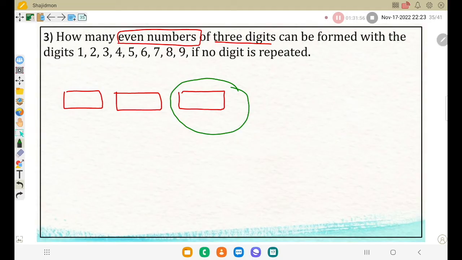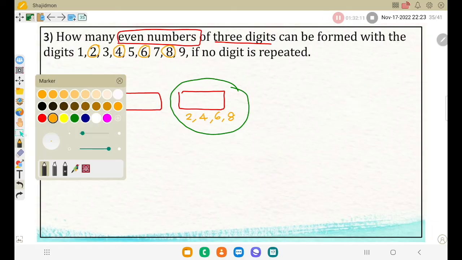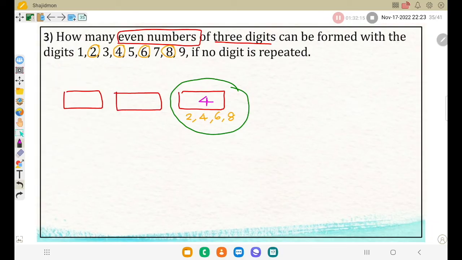Either it should be 2 or 4 or 6 or 8, correct? So we can write here that the number should be 2 or 4 or 6 or 8. That means we have 4 possibilities.